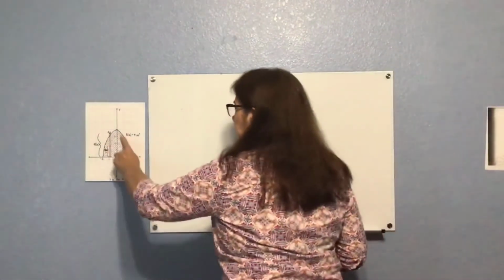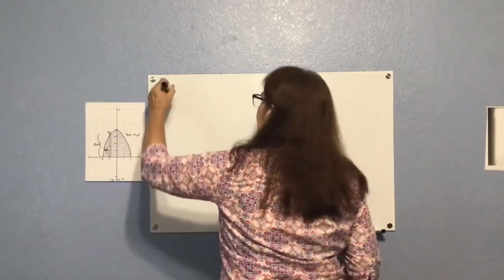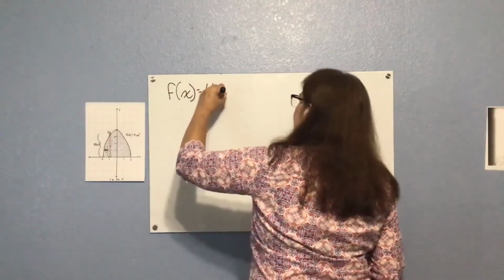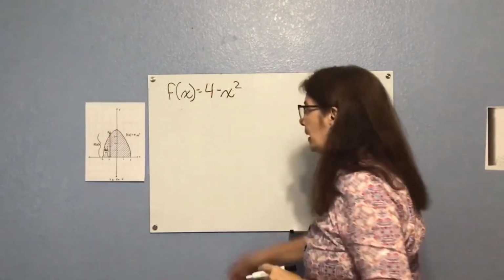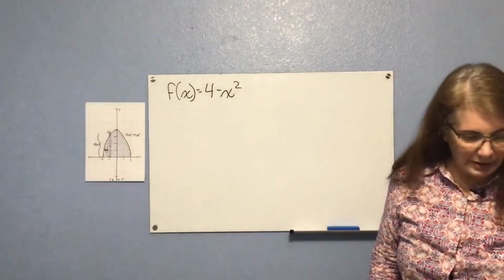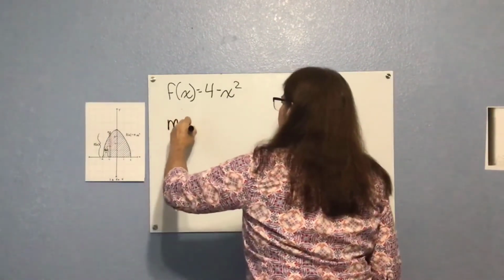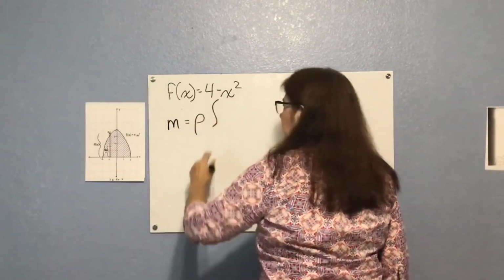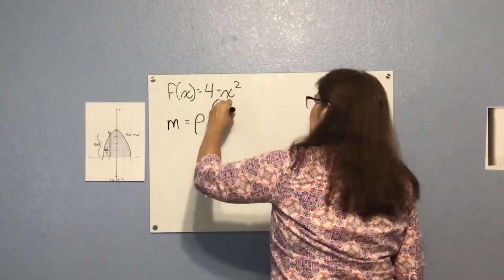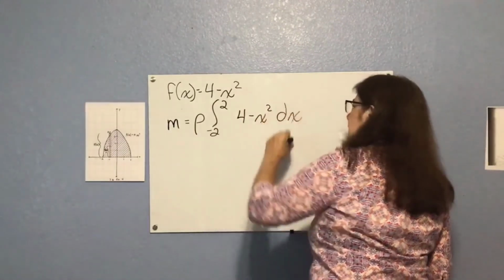In this example, we're going to use this equation, f of x equals 4 minus x squared, as the upper boundary of our area, and use the x-axis as the lower boundary. So our mass is going to equal rho times the integral. We went from -2 to +2. 4 minus x squared dx.